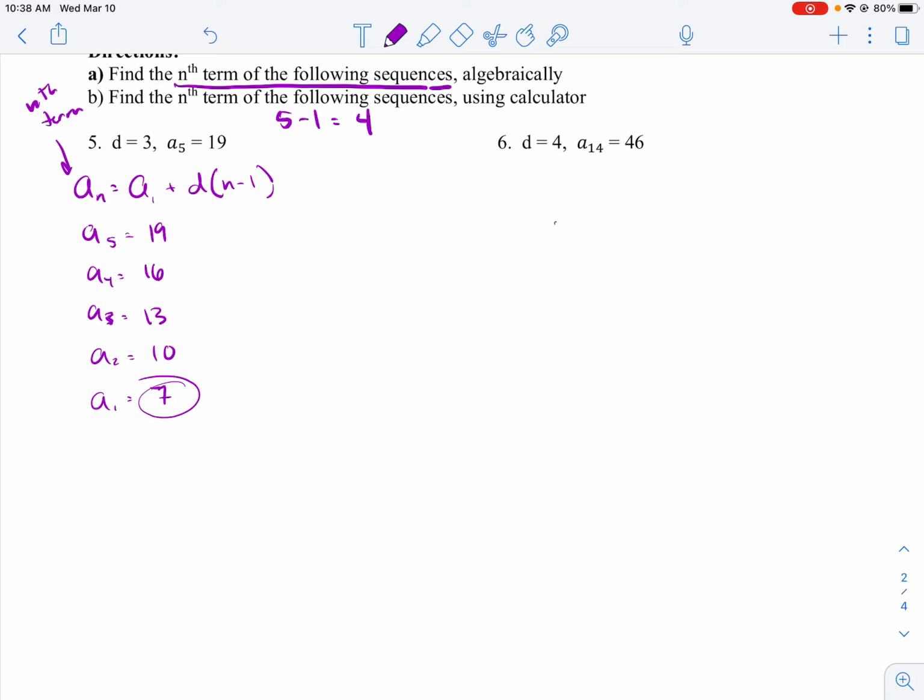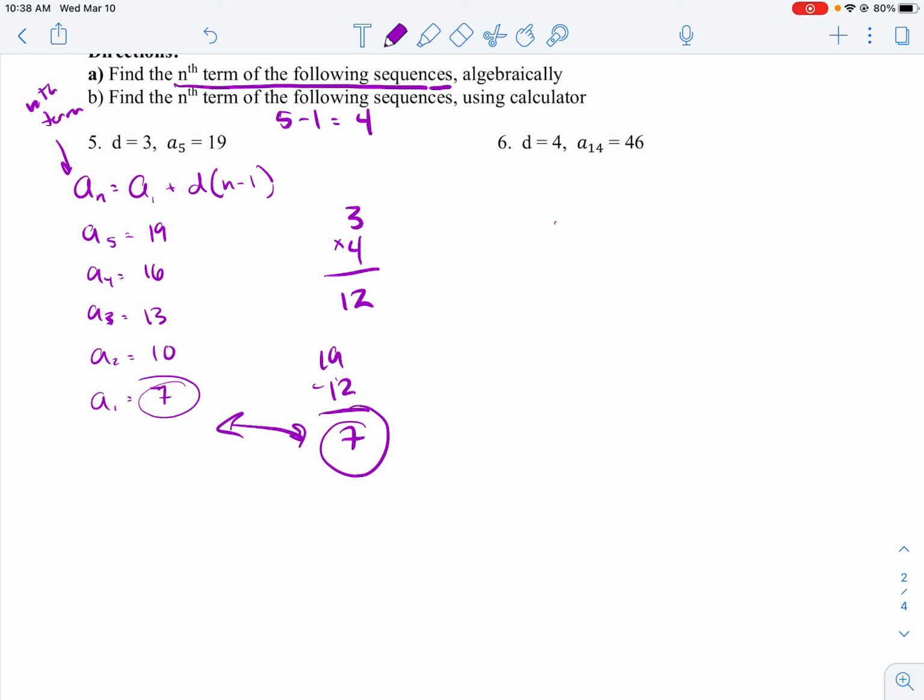To get down, we went down 1, 2, 3, 4 times. So we're going to go 3 times 4, which is 12, and then 19 minus 12 is equal to 7. So both ways get you there. I just think this one on the right makes a little more sense, because it'll save you some time.